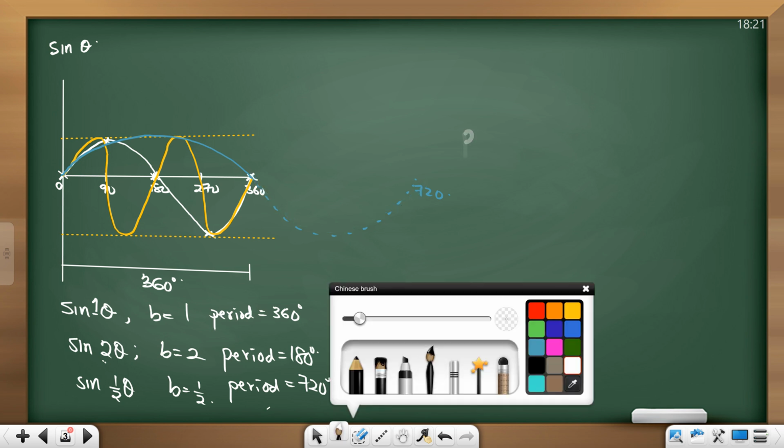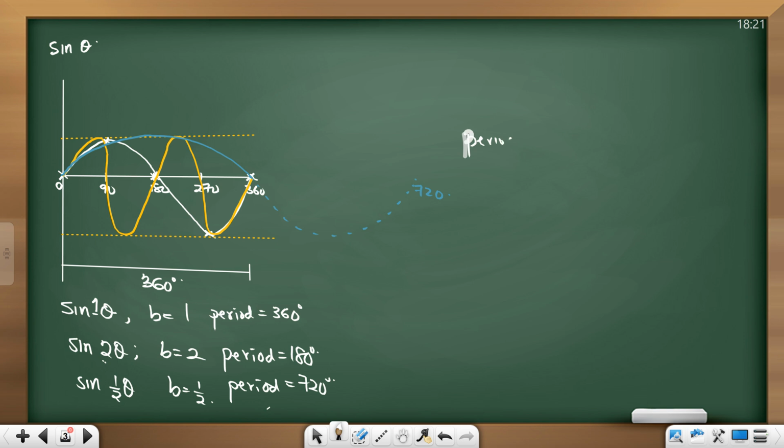If you know how to use the formula, period is 360 over what? B. For the first one, 360 over 1. For the second one, 360 over 2. For the third one, 360 over half. 720.